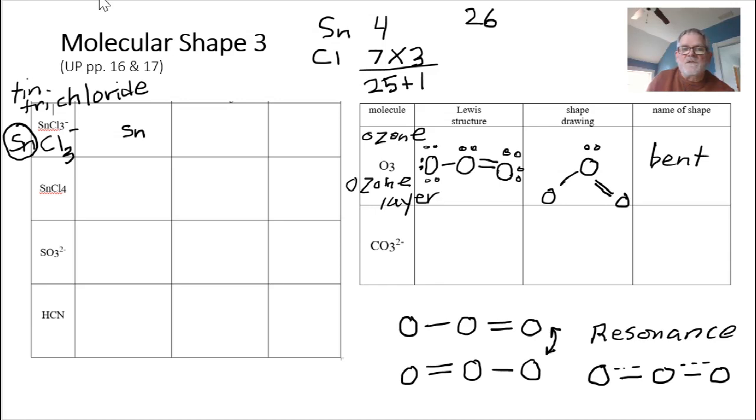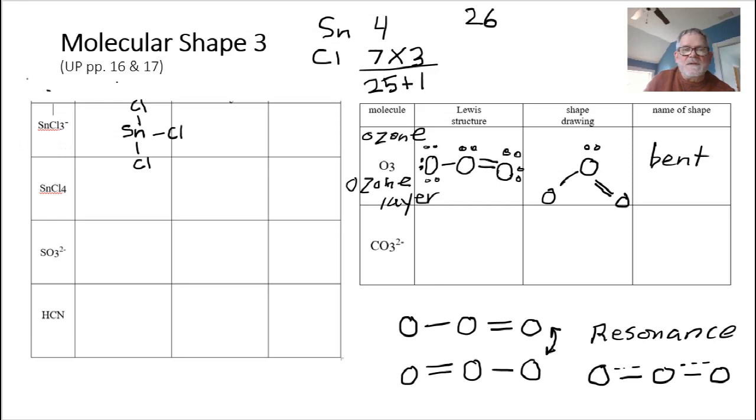I'm going to add the chlorines using single bonds, and it really doesn't matter where you put them, but just remember there's a top, a bottom, and a left and a right. So why don't I put one over here? And it's really up to you. You can put them anywhere you want, as long as it's top, bottom, left, or right. I'll put one down here, and I'll put one up here. I'm going to get rid of that, just to make it cleaner.